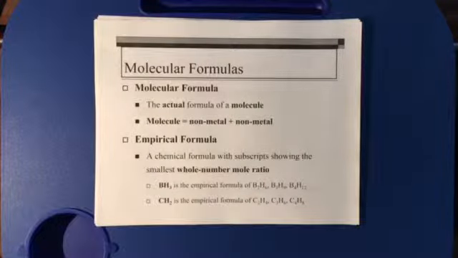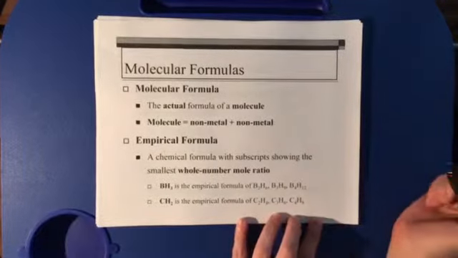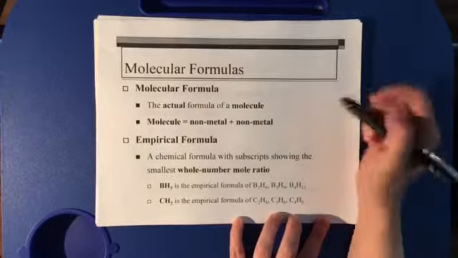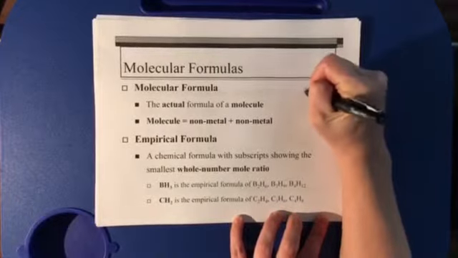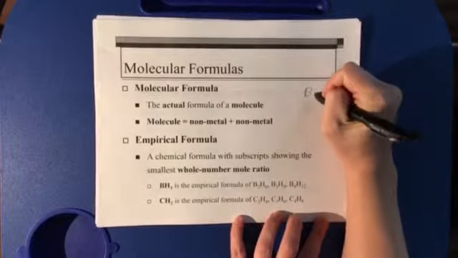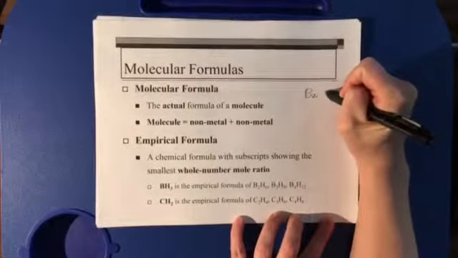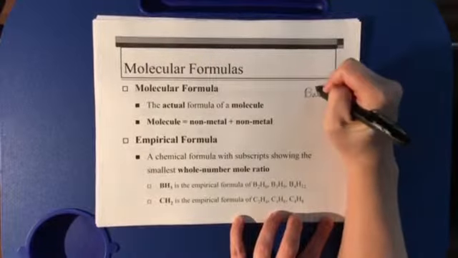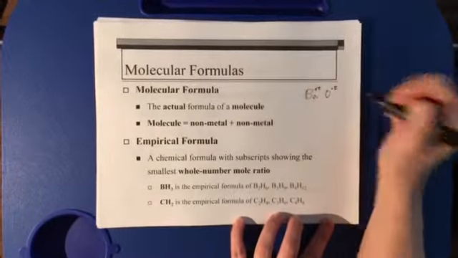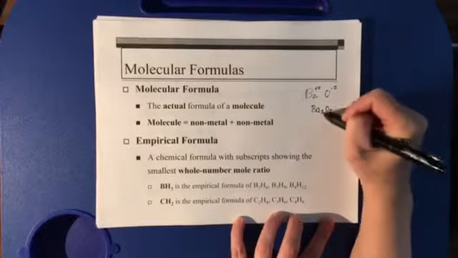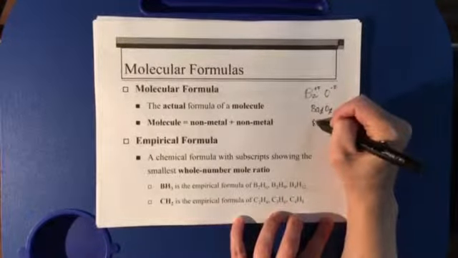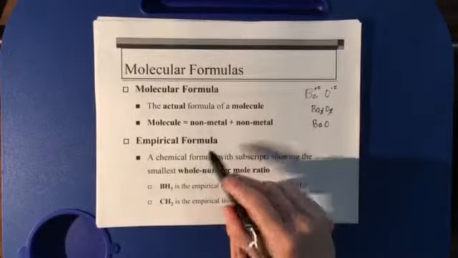If you remember from ionic compounds, we always had to have the simplest form. And so, for example, when you would put together barium and oxygen, it's a +2 and a -2 charge. Ba2O2 was not acceptable. We had to simplify that to get BaO. That's its empirical formula.